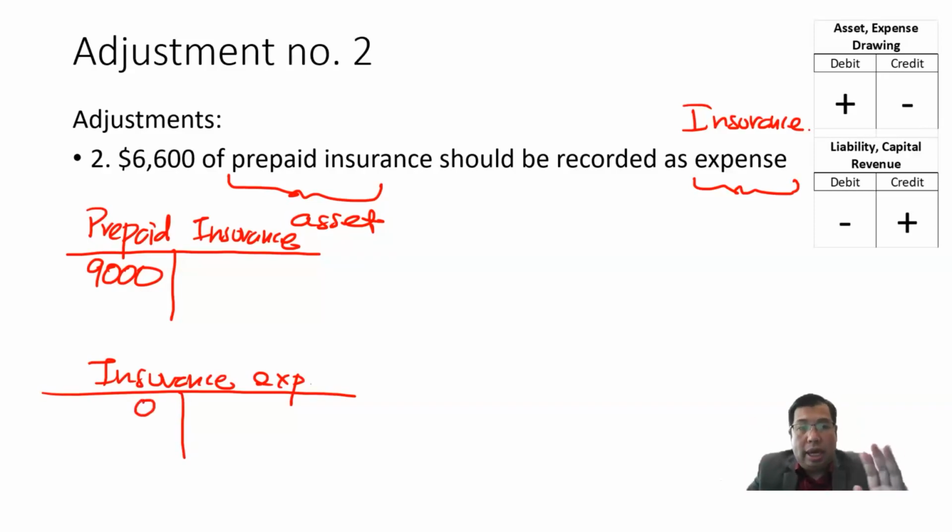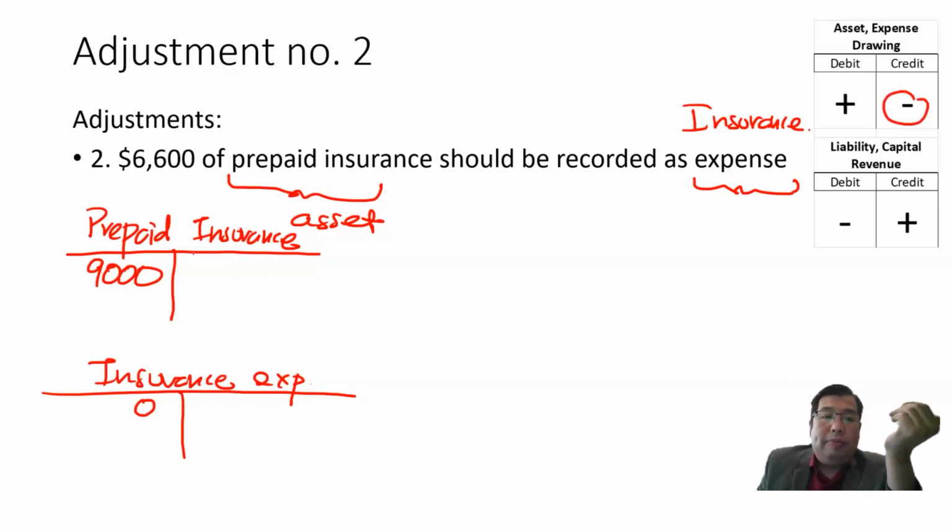The question asks you to make an adjustment where you need to record 6,600 of the prepaid insurance as expense. So how are we going to do this? We need to credit. We need to reduce our prepaid insurance. Yes, correct, Angie.